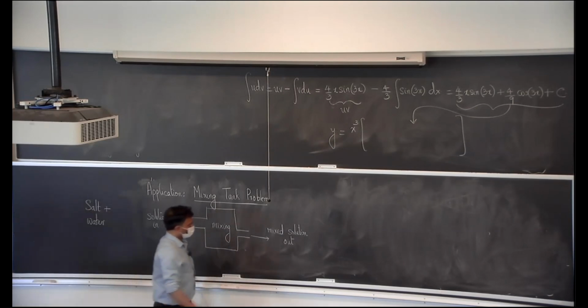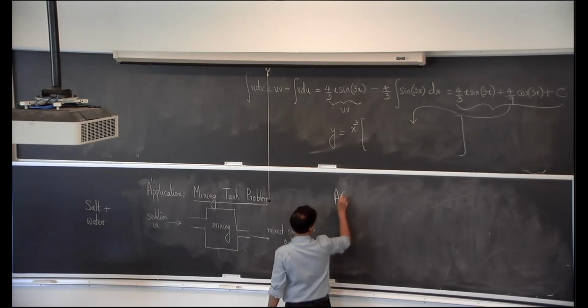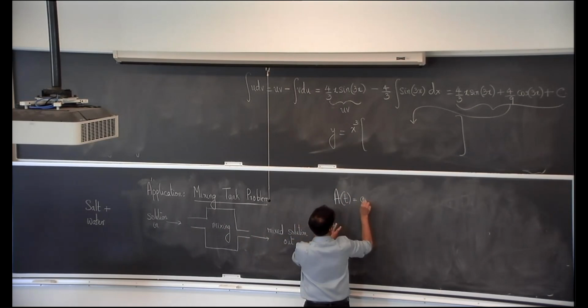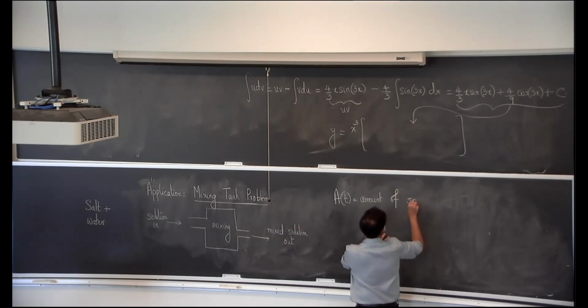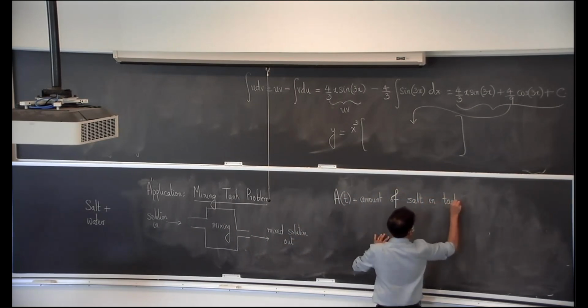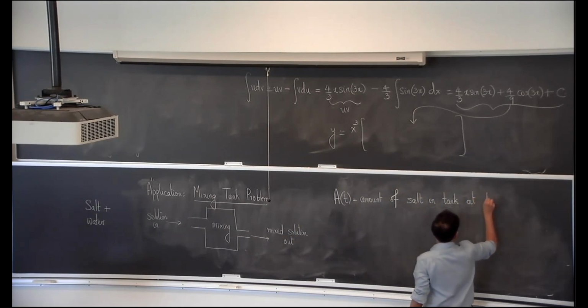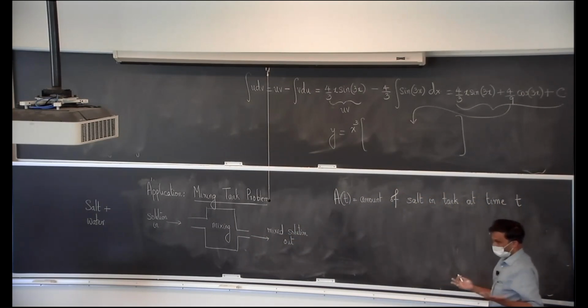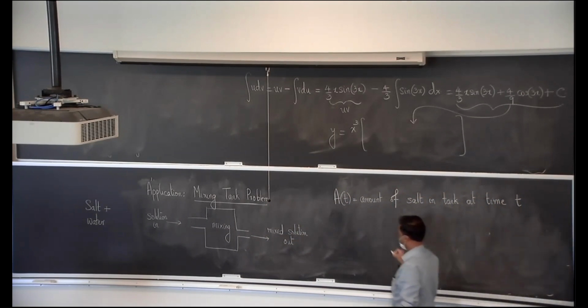What we are trying to solve for is the mass, or the amount, of salt in the tank at any time t. This amount is a mass, so you can talk about it as grams or pounds.